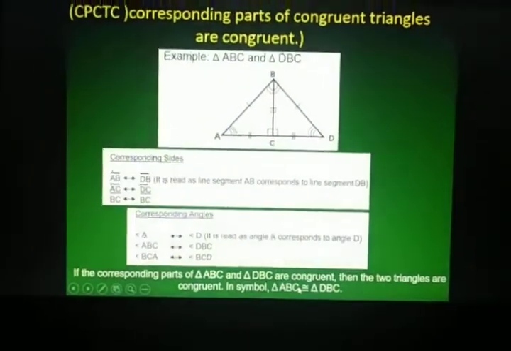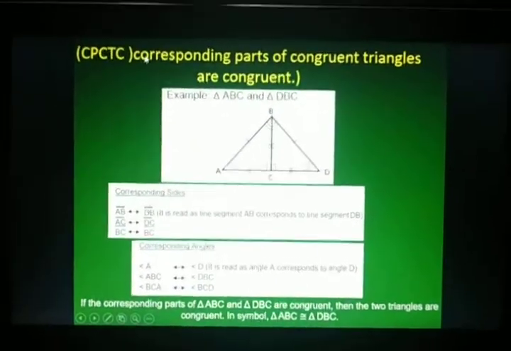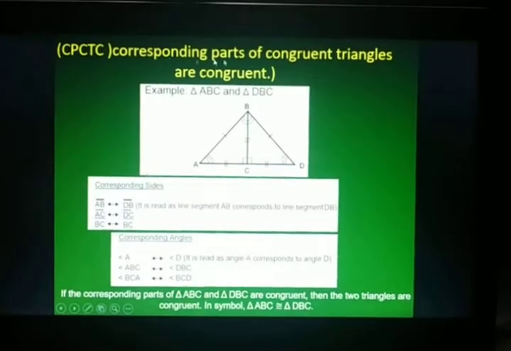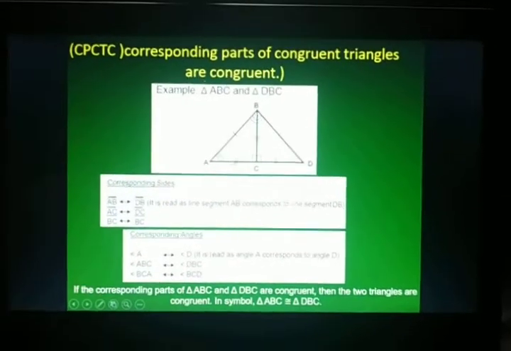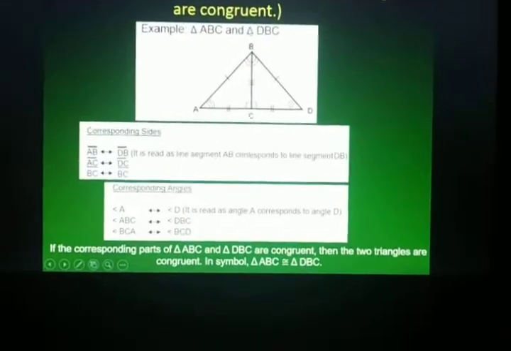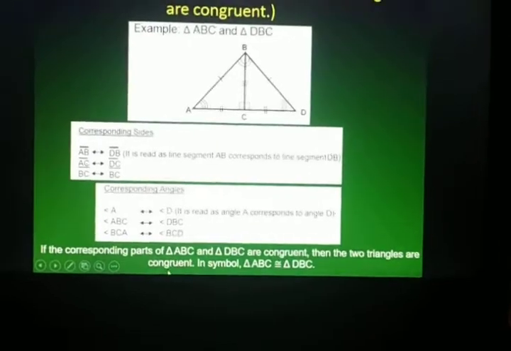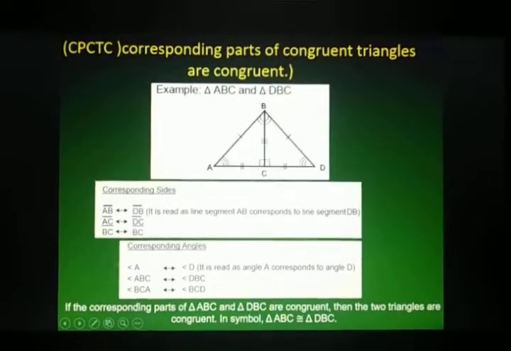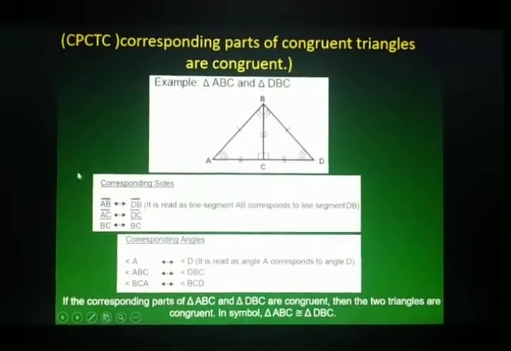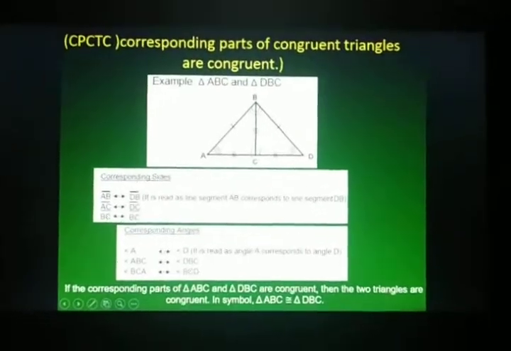Why? What is the basis for saying they are congruent? Because of CPCTC. According to CPCTC, corresponding parts of congruent triangles are congruent. If the corresponding parts of triangle ABC and triangle DBC are congruent, then the two triangles are congruent. That's it. So you should know how to write the corresponding sides, the corresponding angles, and corresponding vertices.